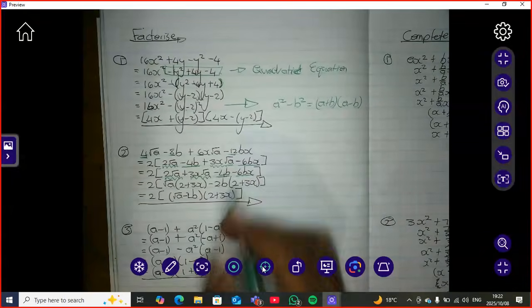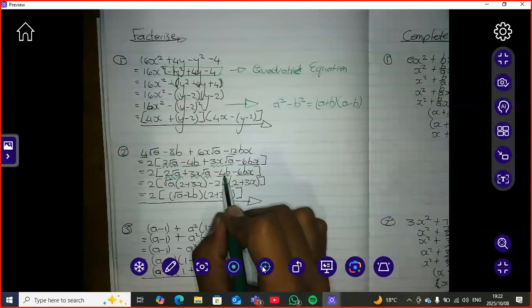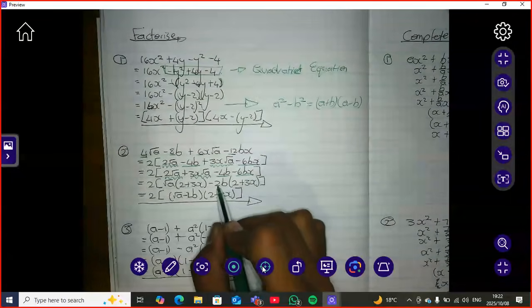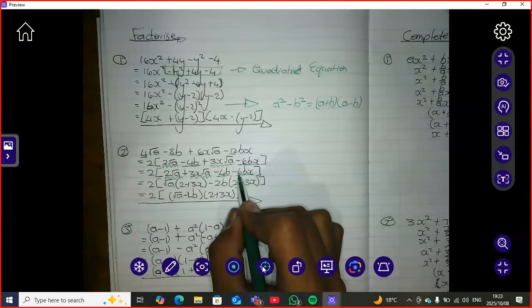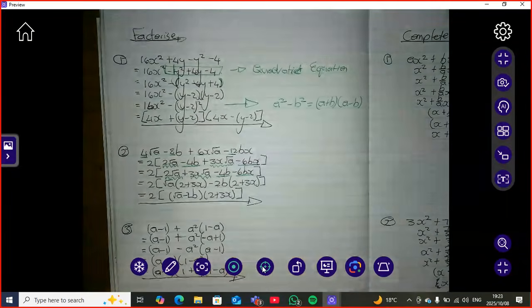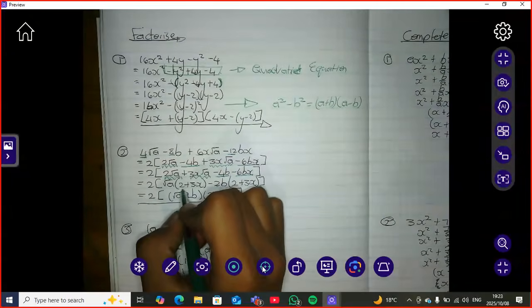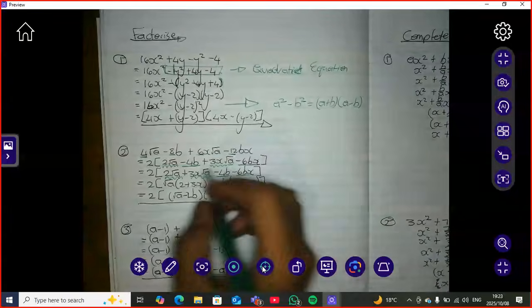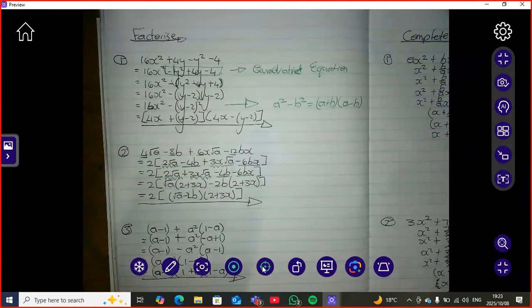So just to check, when I multiply this minus 2b with this 2, I get minus 4b. If I multiply this minus 2b with this positive 3x, I get minus 6bx. The same thing, right? When you group, you will always get this. If you don't get this when you're doing grouping, you made a mistake somewhere.